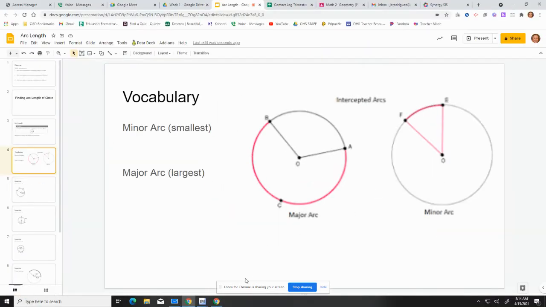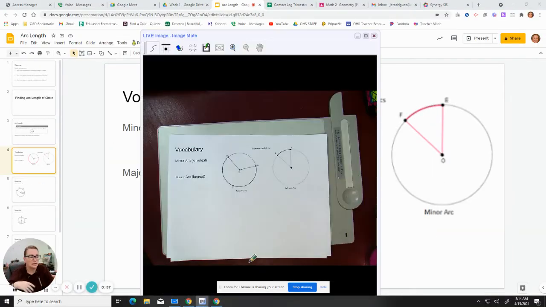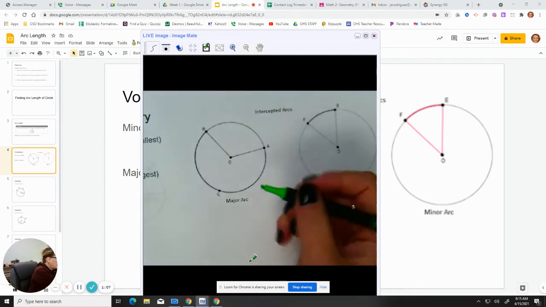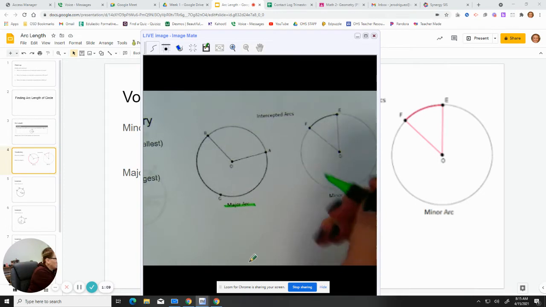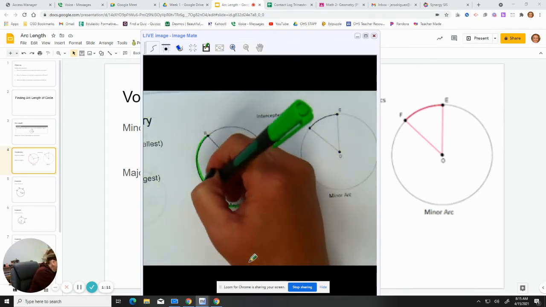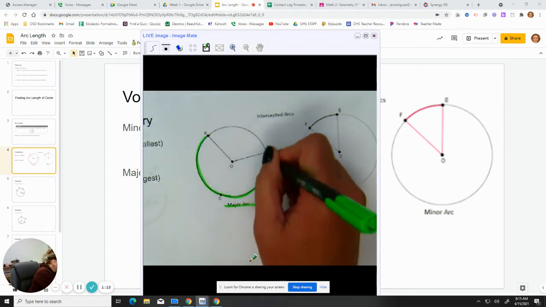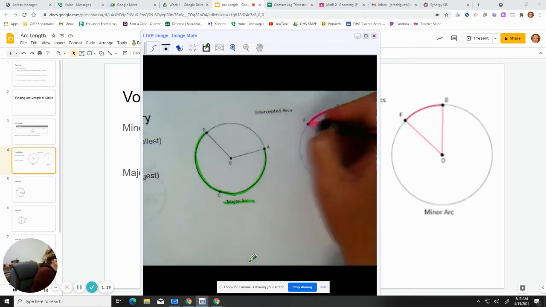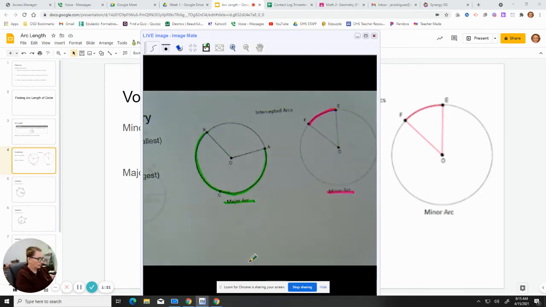So going to pull up my other screen here. We're basically going to be looking for some part of the circle, and there are 2 different types. This one is called a major arc, which means it's a bigger part of the circle. And this one right here is called a minor arc because it's the smaller part of the circle.